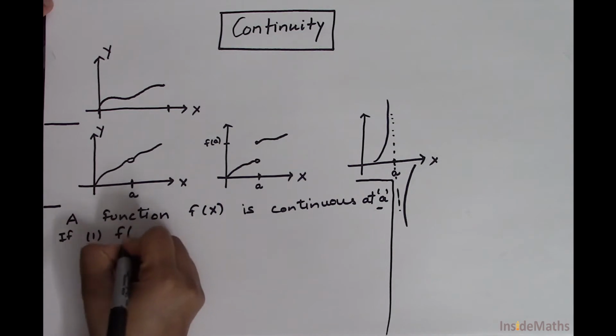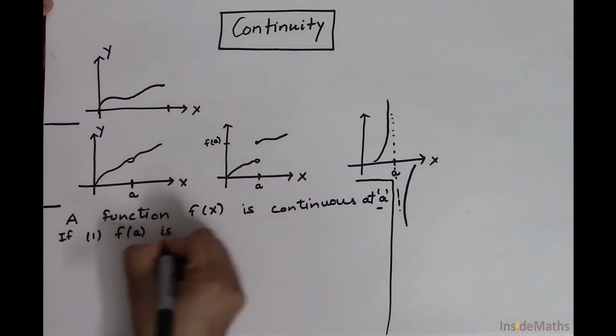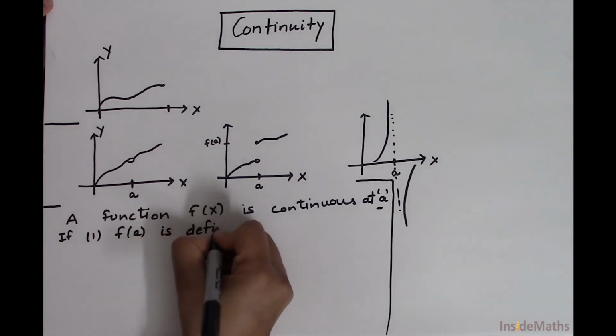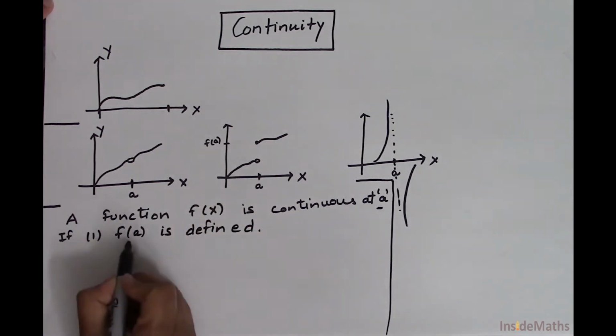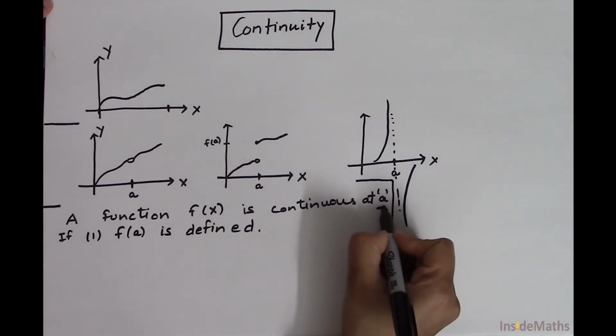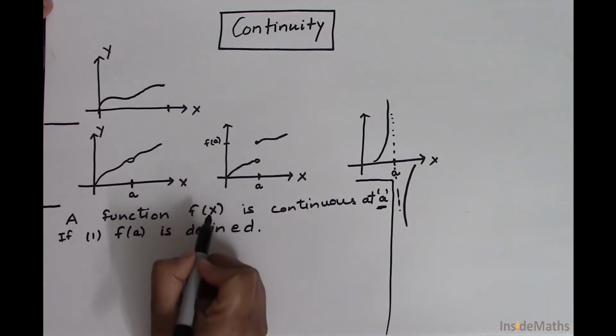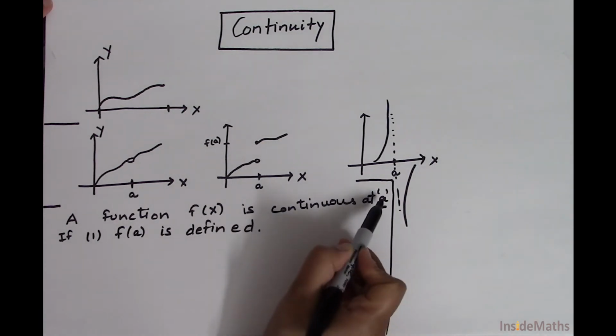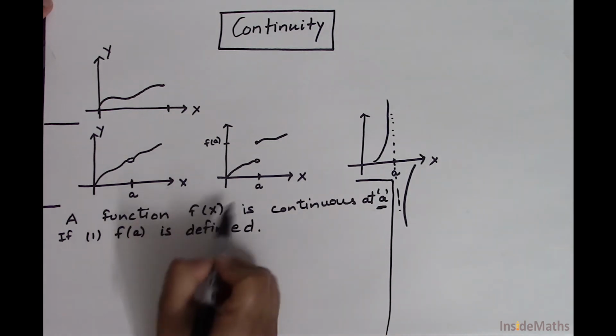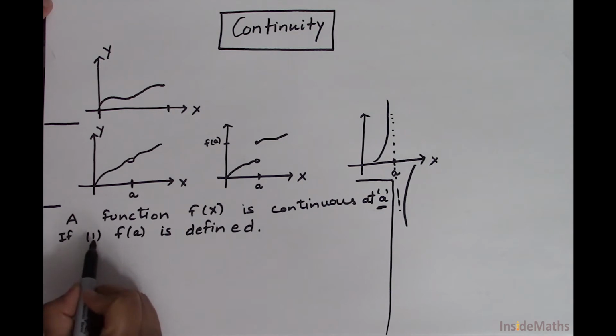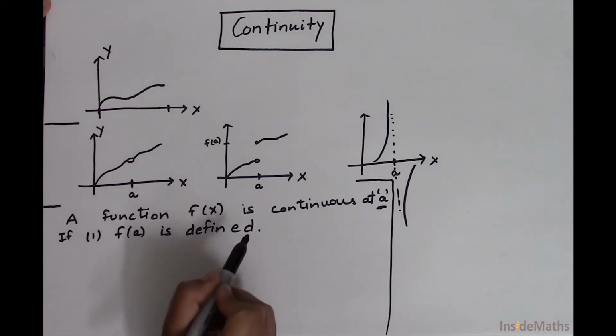First of all, f of A must be defined. That is, at this point where we have to check the continuity, the function should be defined. That means when I plug this point into the function, I should get a defined value. So the first condition is f of A must be defined.